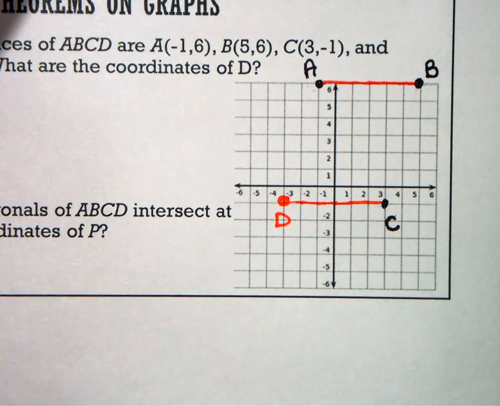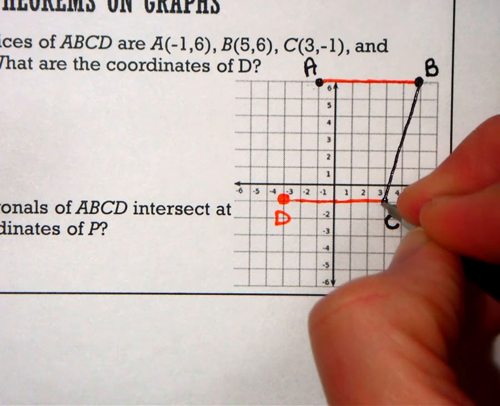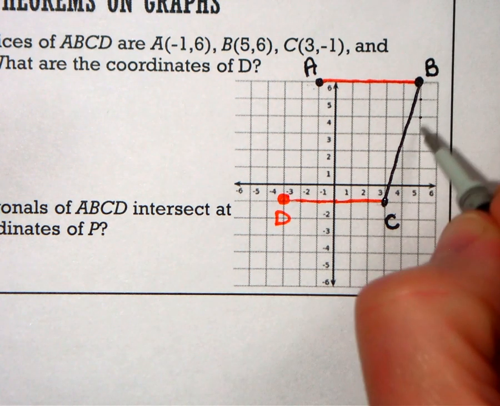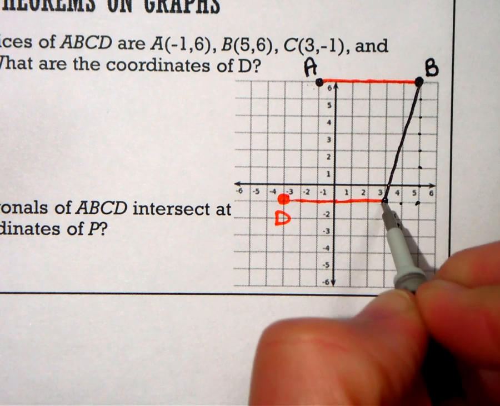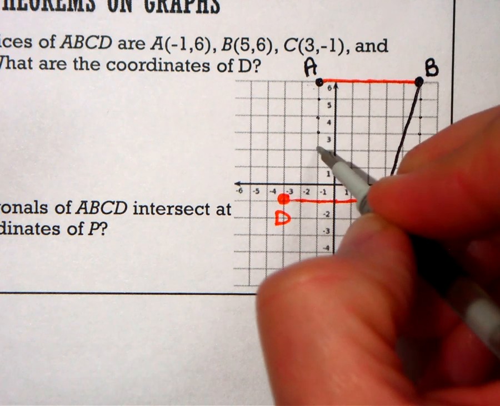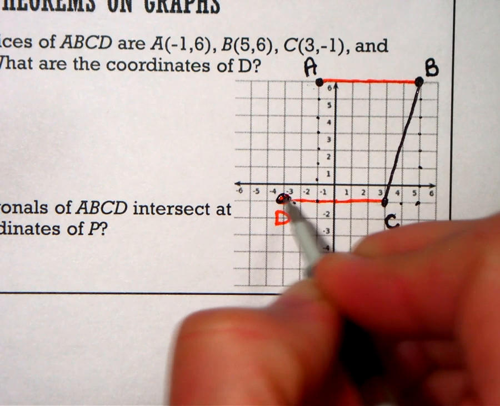So if the sides weren't horizontal or vertical, you could also count the slope on a side and make sure that the slopes matched up. So the slope here would be down 1, 2, 3, 4, 5, 6, 7 over 2. So you could go from here down 1, 2, 3, 4, 5, 6, 7 over 2.